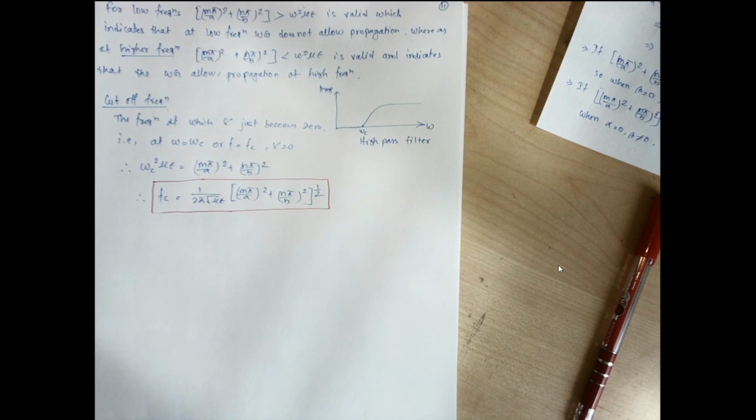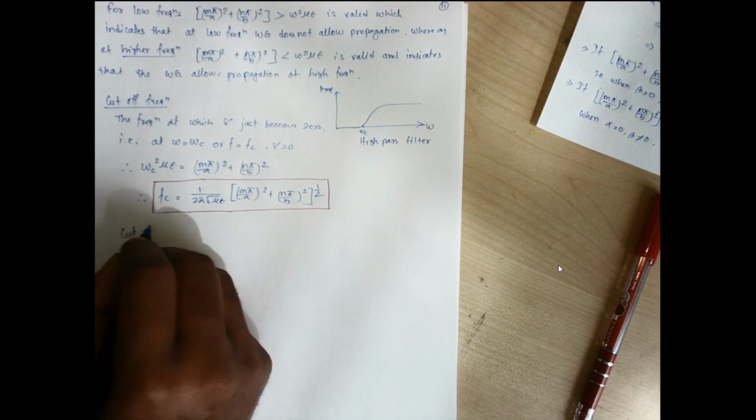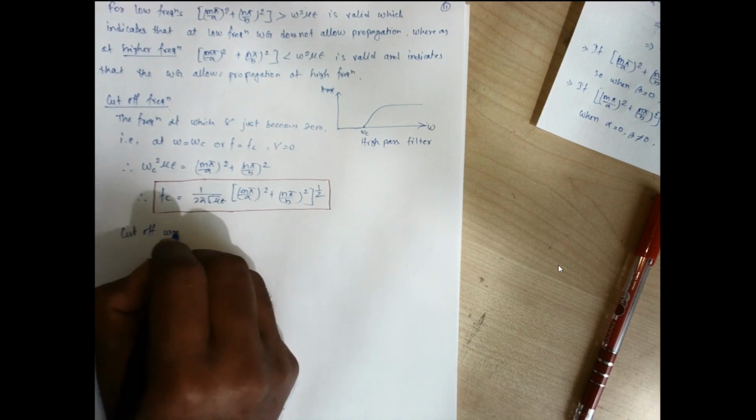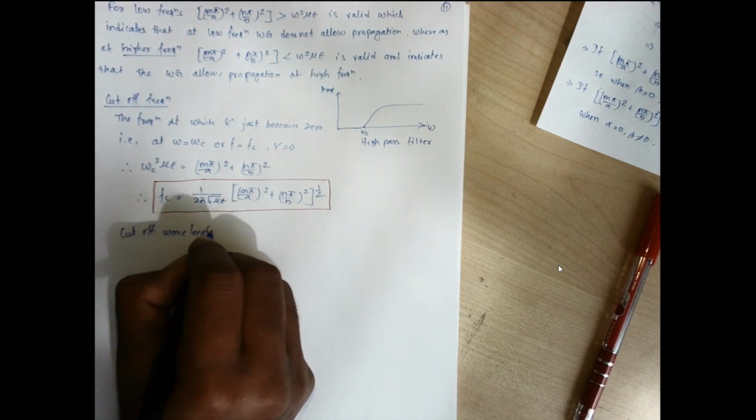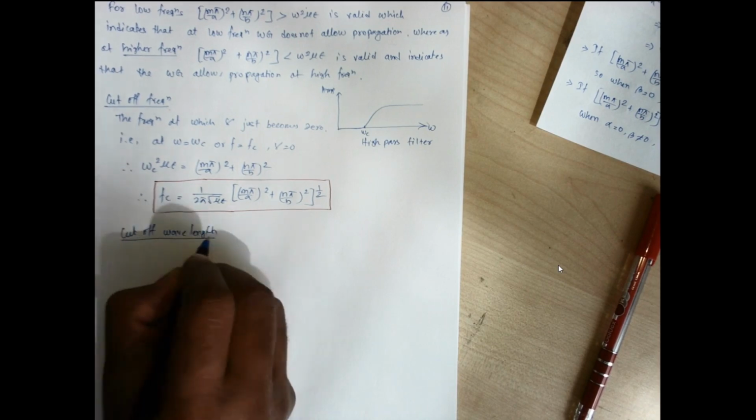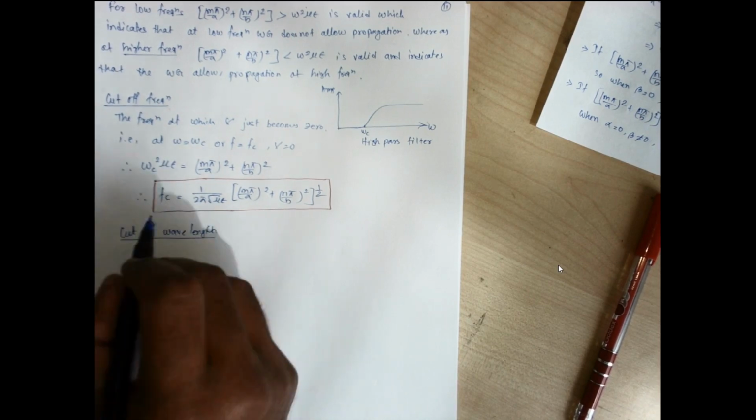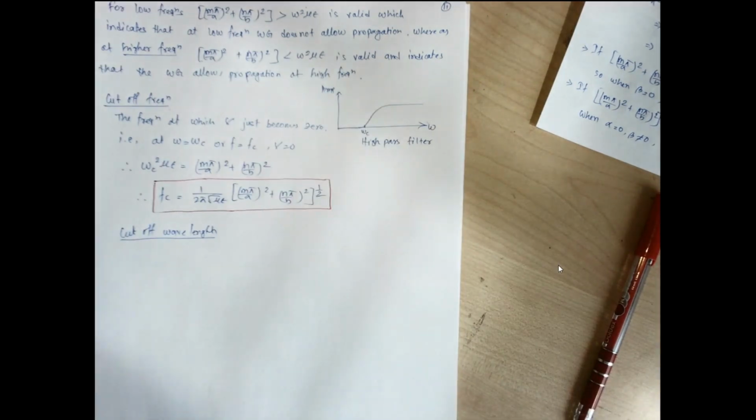Okay. Now once we have the cutoff frequency, we can easily find out the cutoff wavelength. What this cutoff frequency says is that after this frequency we are having the propagation. So this is the lowest frequency value after which we are having the propagation, right?